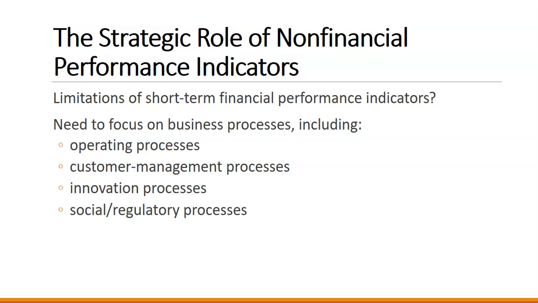And if we just work at fixing short-term problems, we can actually make long-term things worse, or we might not be looking at the long-term things that need to be fixed. So we need to focus on the actual business processes that feed into these short-term performance indicators and look at what various things we might have to do strategically to change the way that we are doing business.